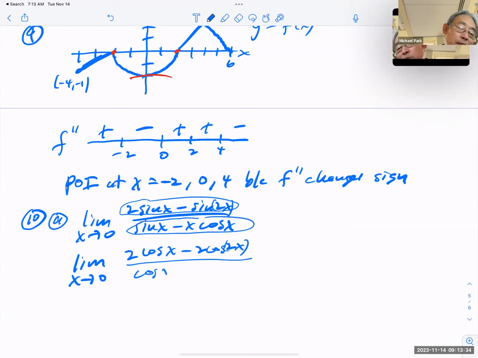That would be cosine X minus, and now this is a product, so you need to use the product rule. Derivative of the first, which is 1, leave the second one alone, plus leave the first one alone, and the derivative of the second is negative sine X. So that would become a minus sign. Minus X sine X.